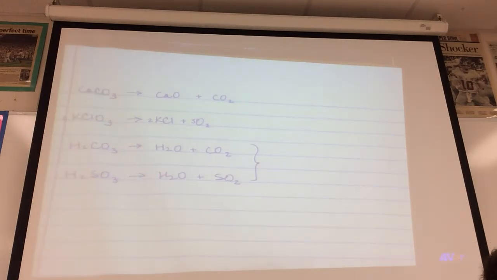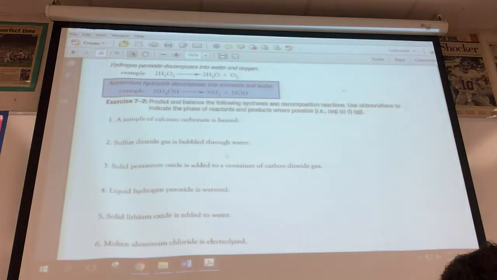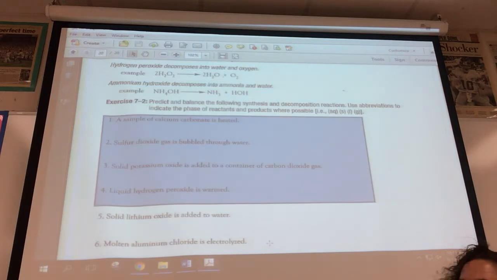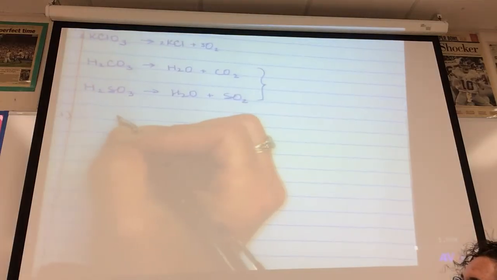All right, let's take a look at it all mixed up, because this is when it gets cranky. It's the last piece. Let's do the first four together. Ready? The first one says a sample of calcium carbonate is heated.